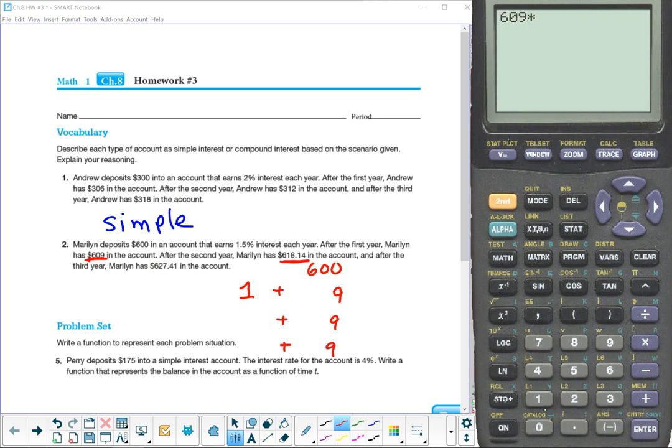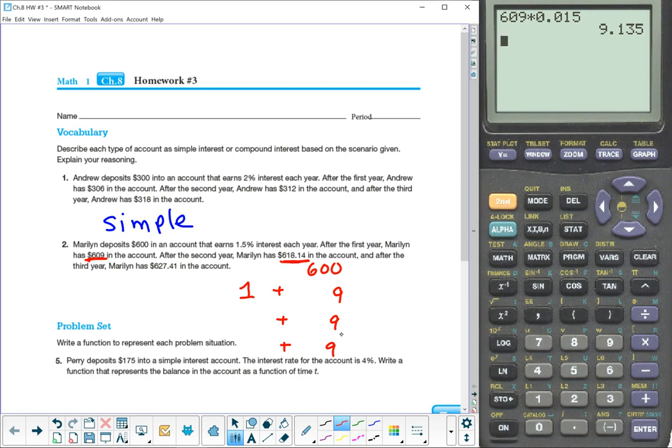And if I multiply that by 0.015, the second year I'll get another $9 and 13 or 14 cents. So the second year I would add $9 and 13 or 14 cents. And that tells me that it's going to be compound interest because I'm adding a little bit more every year.